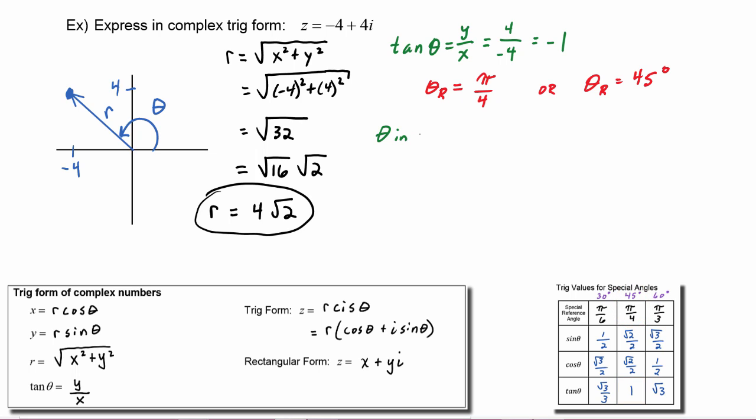Theta is in quadrant 2. So if we put the reference angle here in our picture, start at pi, and we back up by pi over 4, then we know that we would have theta equal to 3 pi over 4, or if we're in degrees, we would start at 180 and back up by 45, which means we are at 135 degrees.